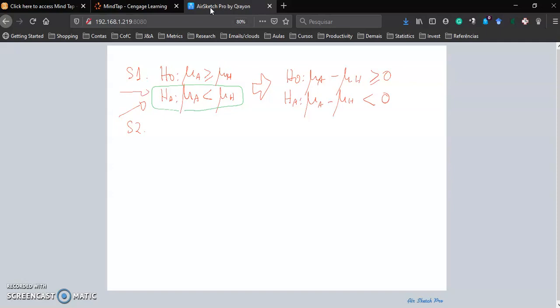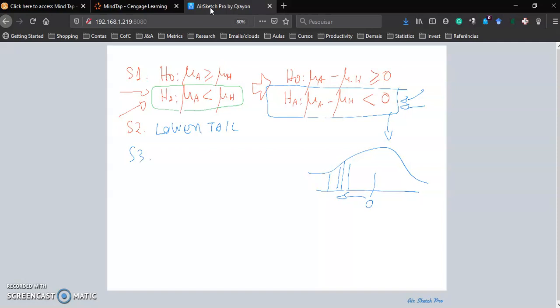I know that this is a lower tail test because this difference here has to be smaller than 0. So if I draw, I know that the 0 is here, so it has to be smaller. That's a lower tail test, so I know that's a lower tail.